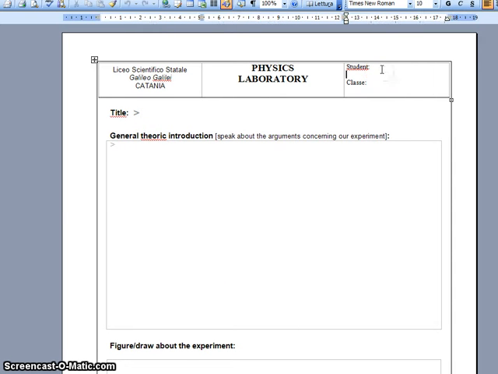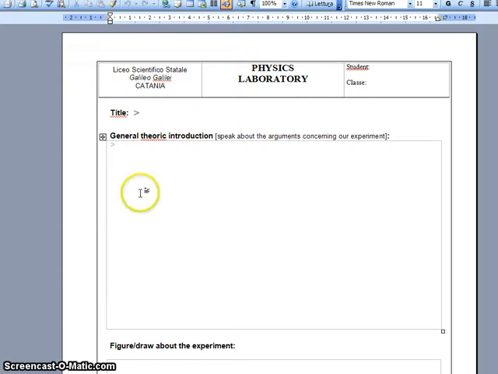You can write your name and classroom. In the first section, you have to write about the argument concerning our experiment. I remind you that our experiment was about mechanical energy.